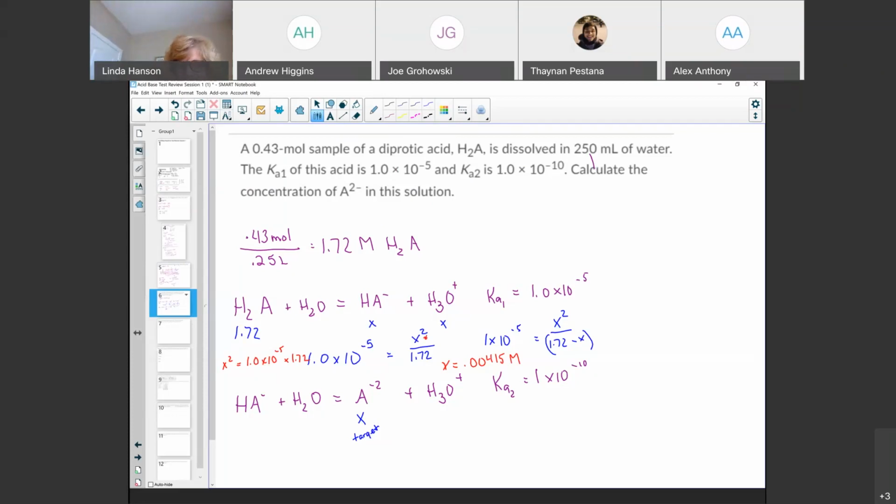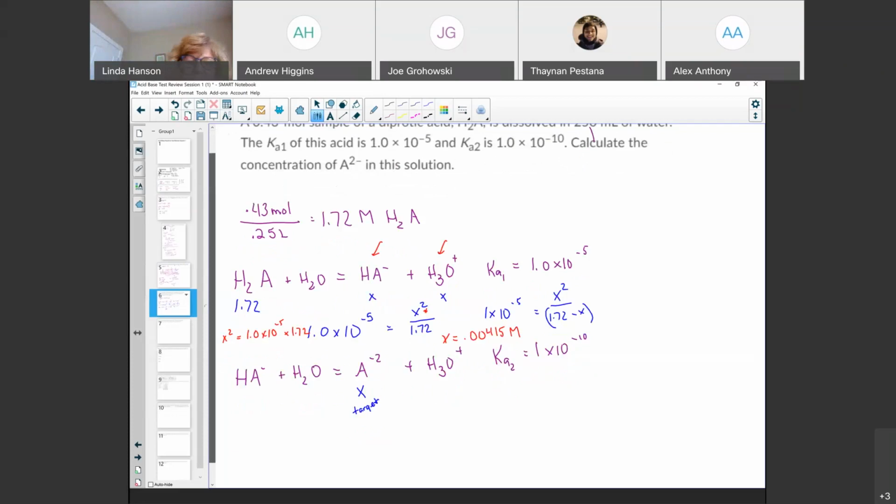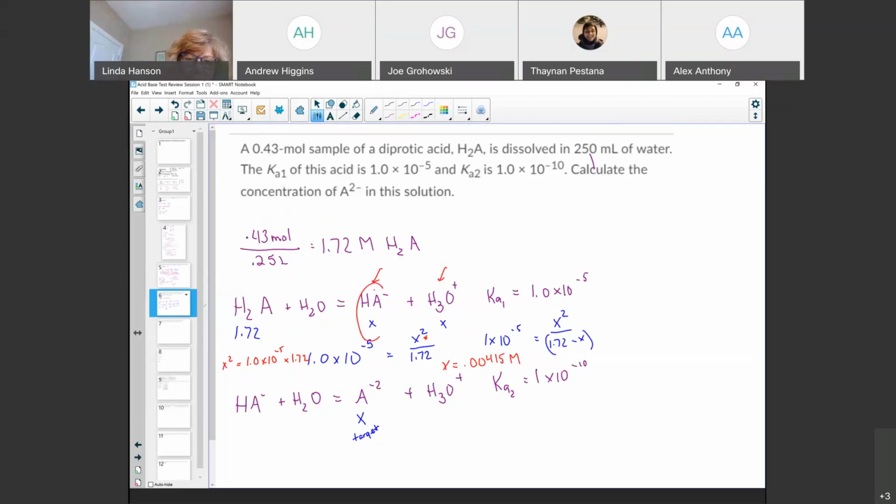Now remember what X stood for. X stands for the hydronium ion as well as HA negative, right? Those are the same number in this solution. So when I come down to the second ionization, the value of HA and the value of hydronium are exactly the same number. We found them to be 0.00415.